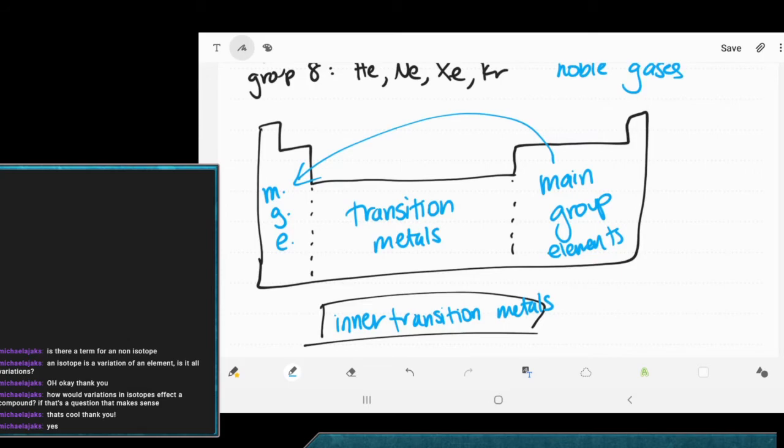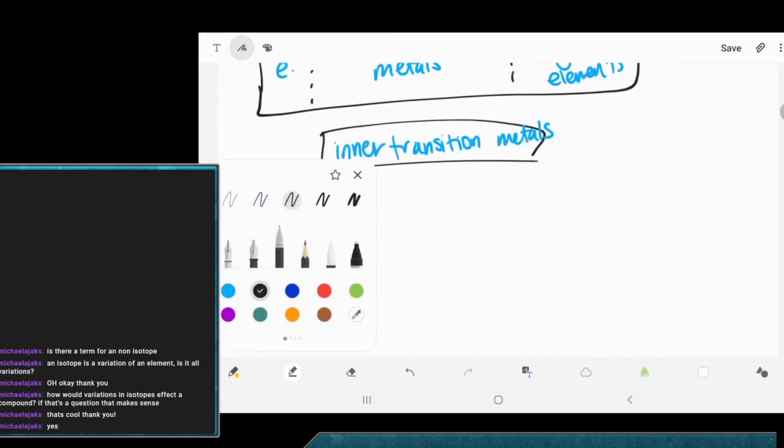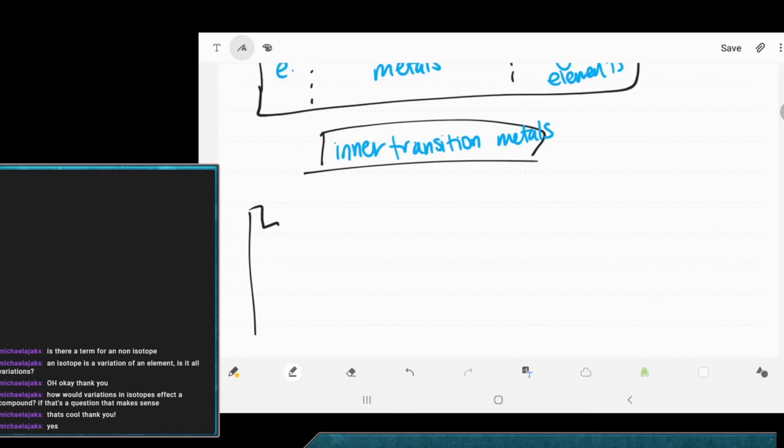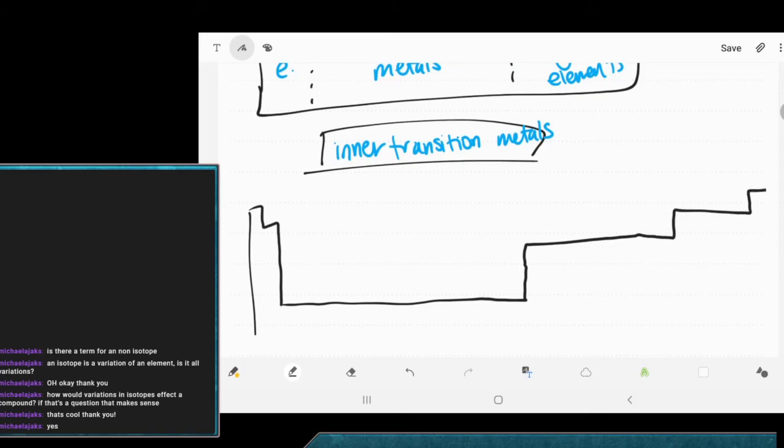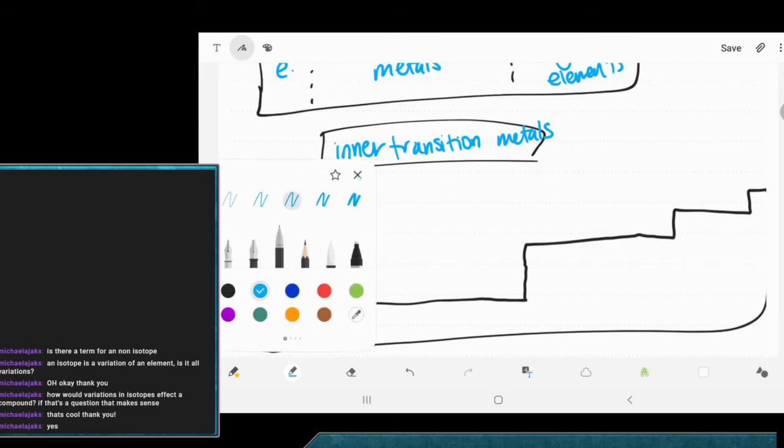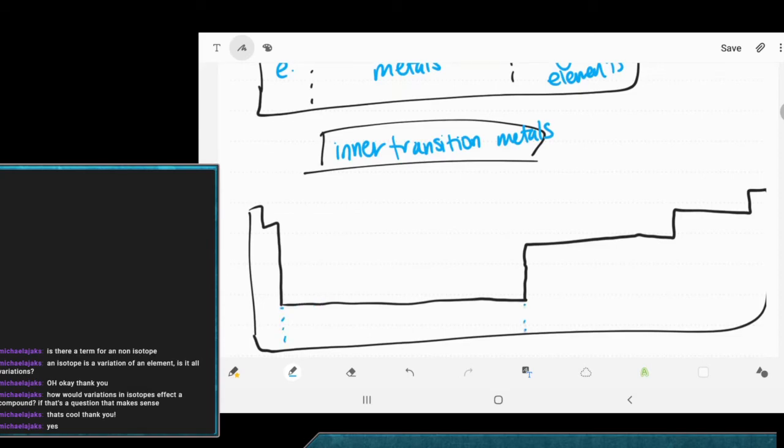And within that, even further, are the inner transition metals, oftentimes put at the bottom of the periodic table, although they are technically parts of periods 6 and 7, the bottom two rows. This is what the periodic table would look like if we included them there. So we typically take it out again.